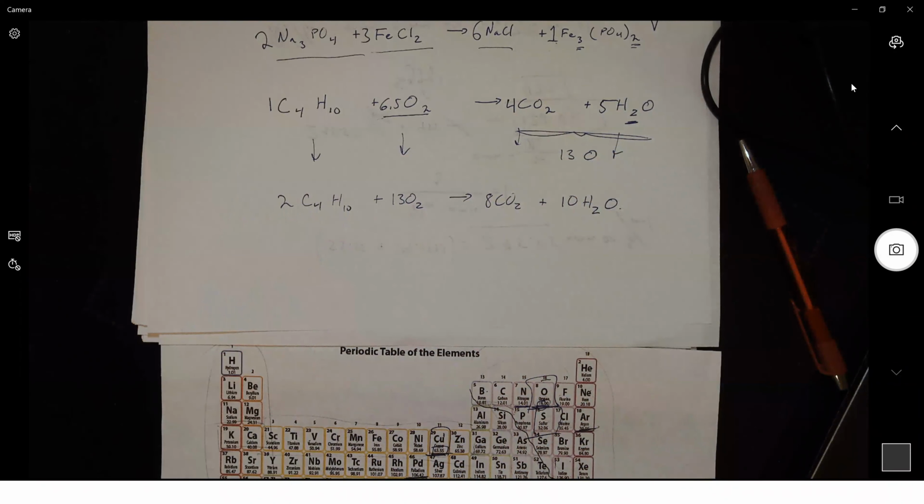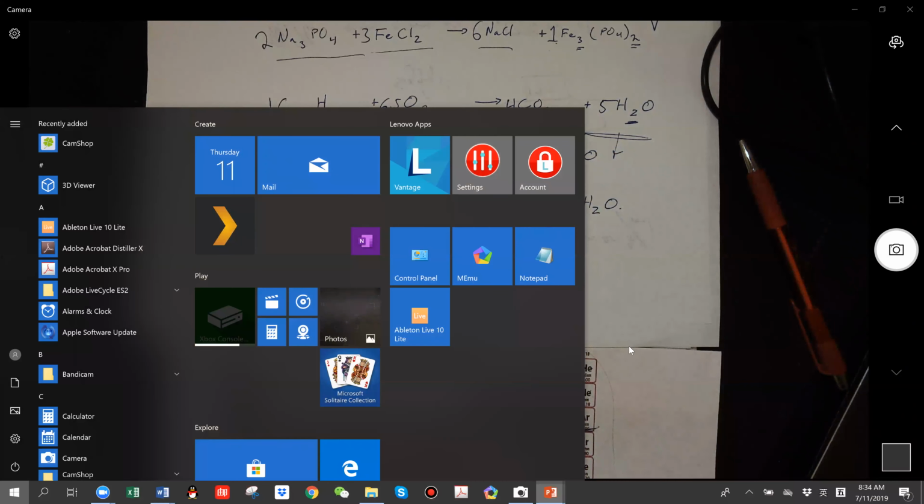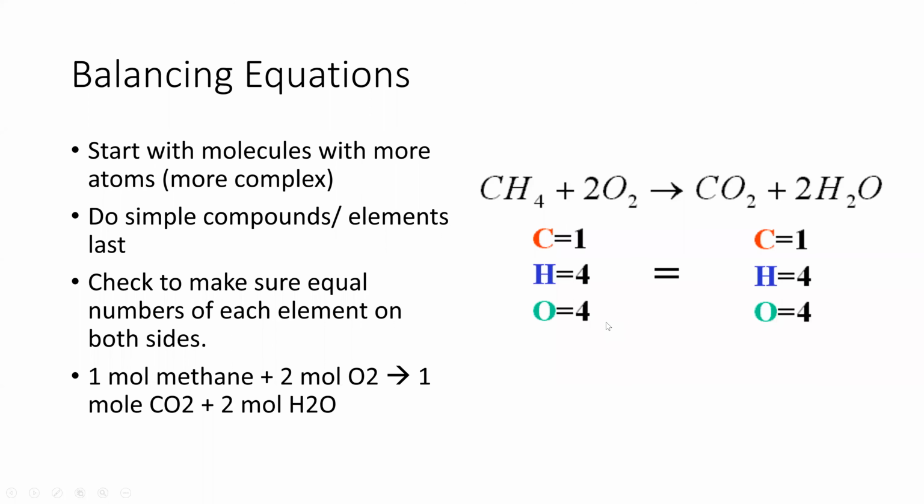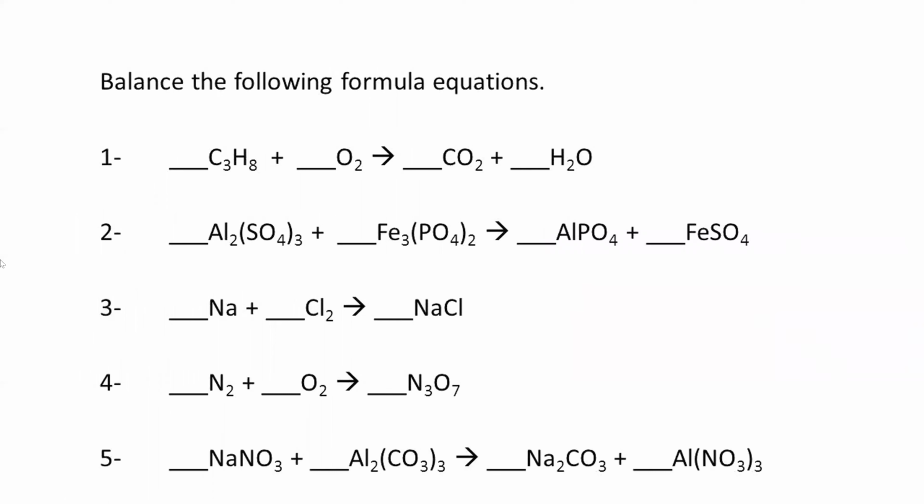Okay. So a lot of this is a bit of trial and error, but that's life, I guess. I'll give you 10 minutes to balance the following equations, and type the coefficients you get into the chat.